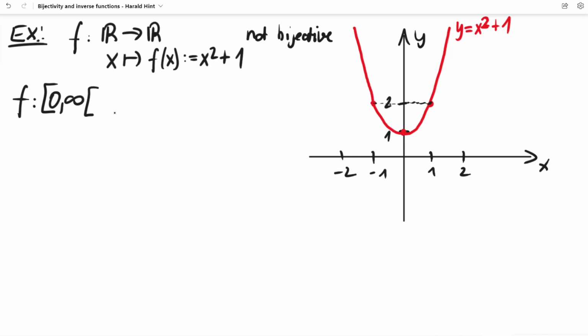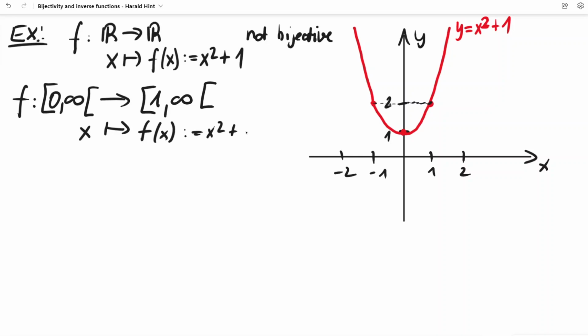I include 0, and it is mapping to the range, which consists of the y values starting at 1 and going up to infinity as well. Again, we include the 1. The description of the function is exactly the same. And this function is bijective now.